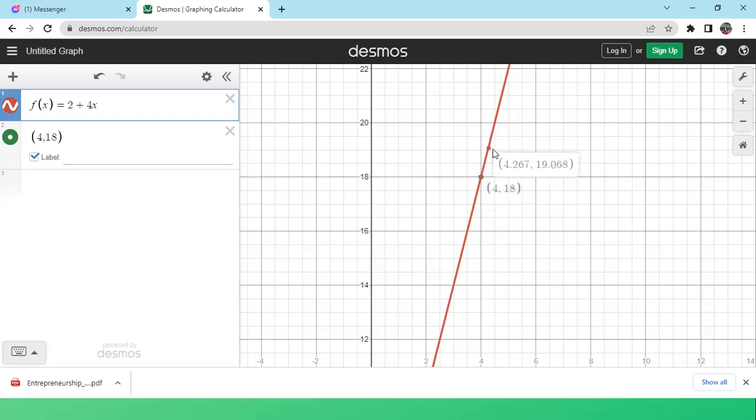Okay? So, yung y coordinate naman din natin ay also nag-approach kay 18. Okay? So that's basically the limit of a function. Okay? So yung ina-approach ni f of x na value as x approaches also a given value.